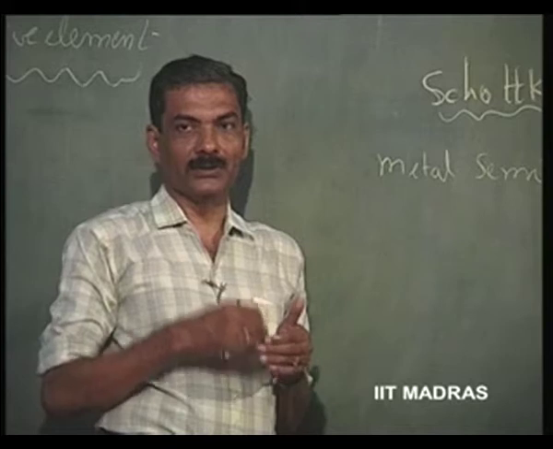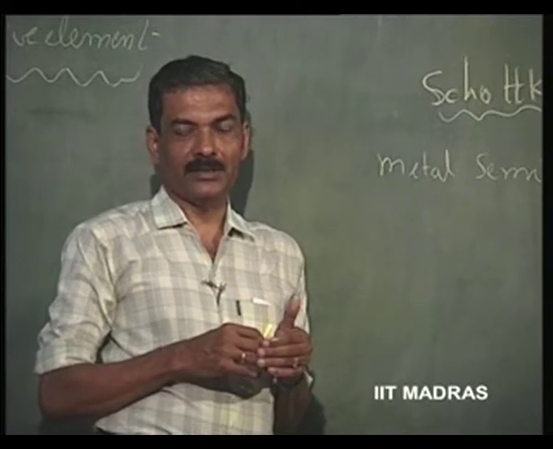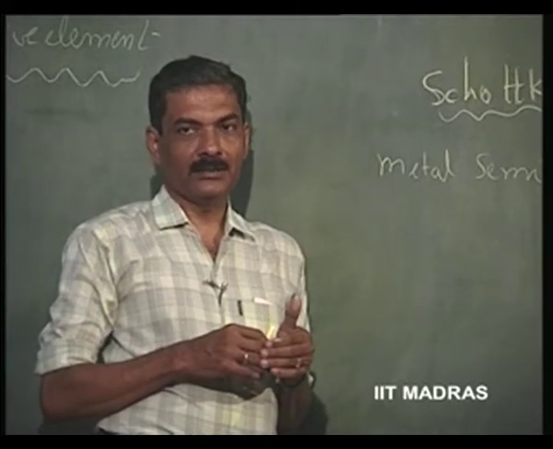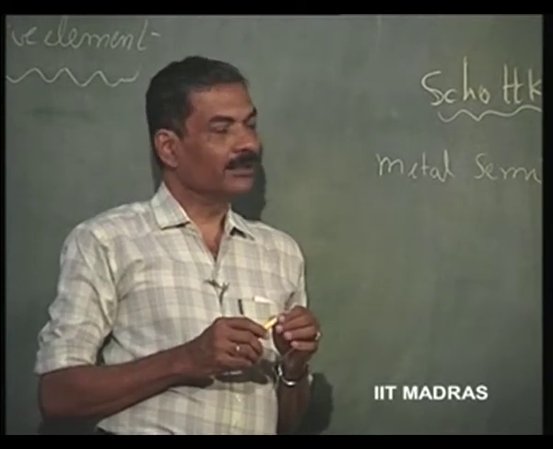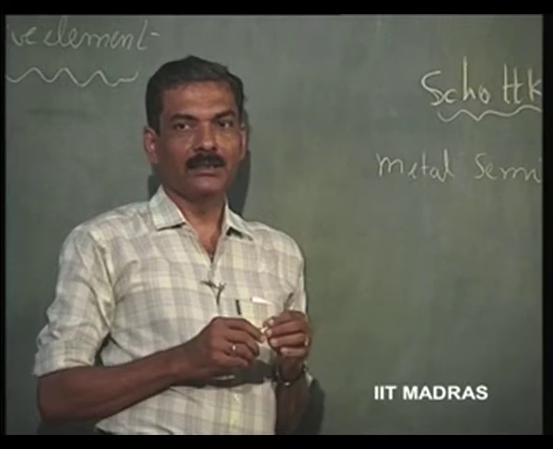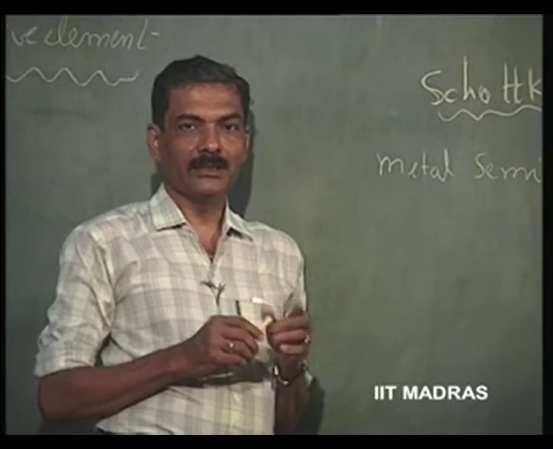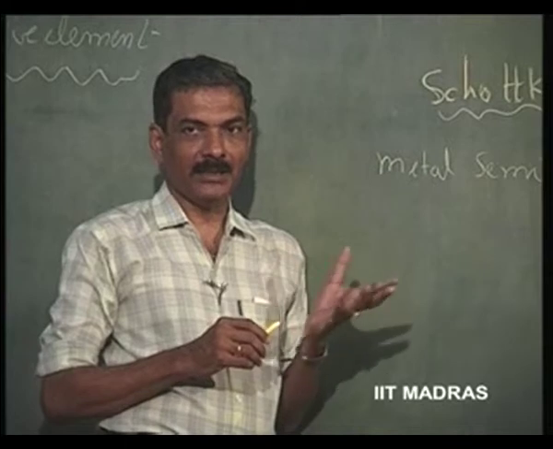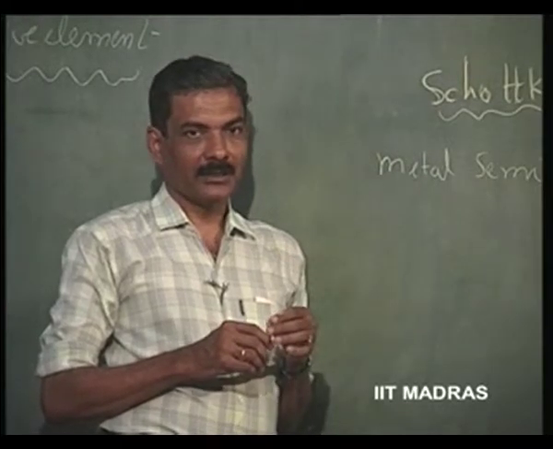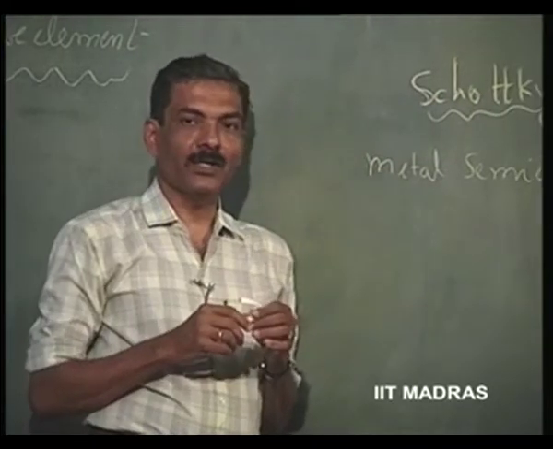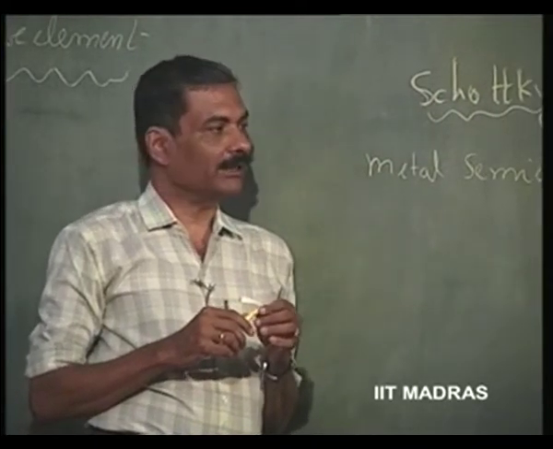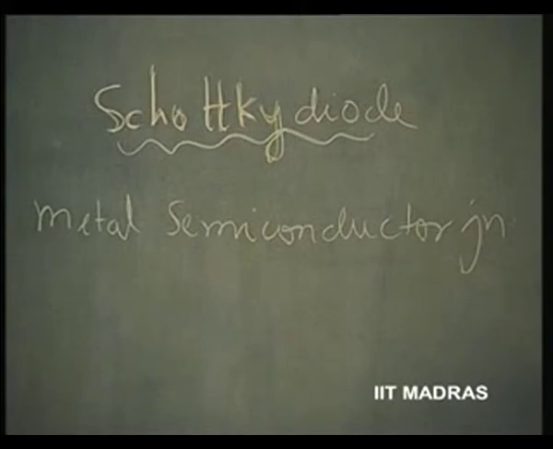So, it is closer to the ideal diode in its forward characteristics than these other semiconductor diodes, and also it has a delay time of the order of nanoseconds. So, it is a high speed diode. These diodes are used for high speed switching applications, and also, as we will see later, in preventing a transistor from going to deep saturation.